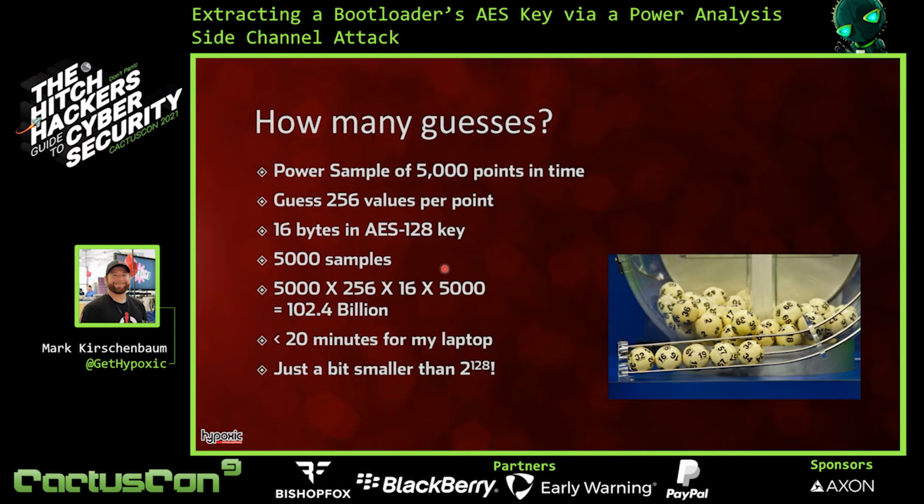If we do the math there, we're only ending up with 102 billion mathematical computations we're going to have to do. On my laptop, it took no time at all, less than 20 minutes, I think, for cracking the GoPro once I figured out the process and did all the setup. And that's definitely a lot smaller than 2 to the 128th.